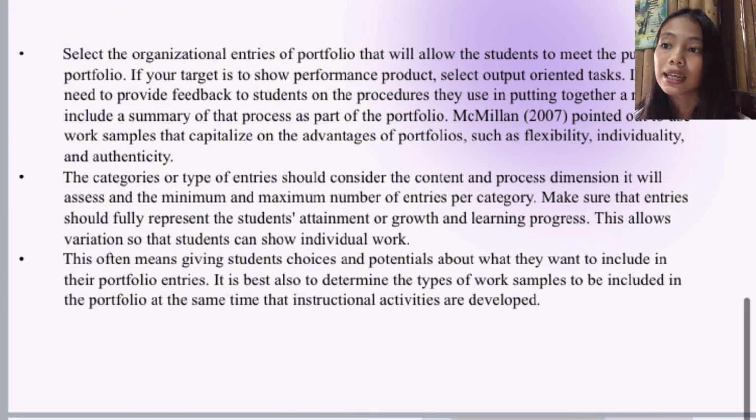It will assess the minimum and maximum numbers of entries per category, making sure that entries fully represent the student's attainment or growth and learning progress. This will allow variation so that students can show individual work. This often means giving students choices about what they want to include in their portfolio entries. It is best also to determine the types of work samples to be included in the portfolio at the same time that instructional activities are developed.